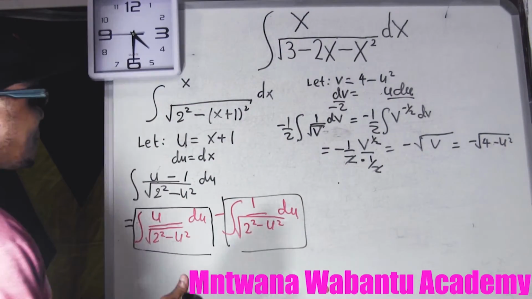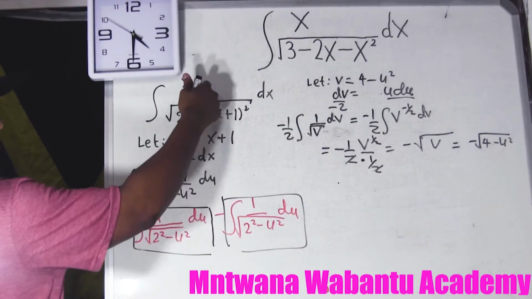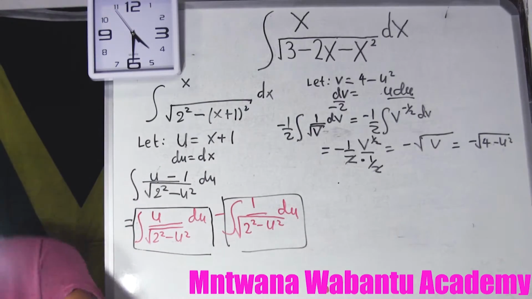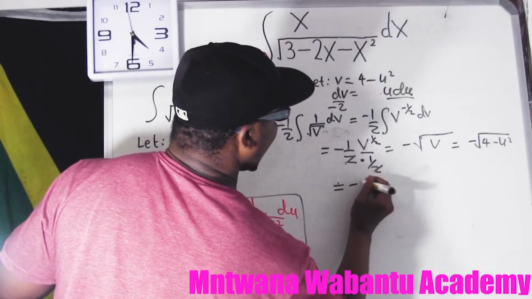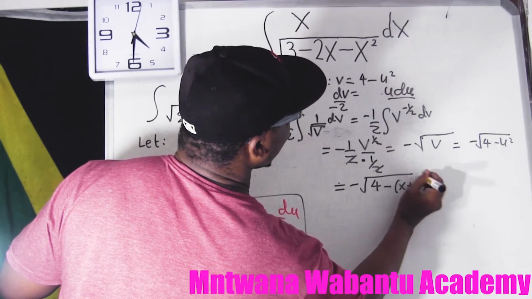You see? But then I need to go back, because in the equation they give it in terms of x. So what is u? u is equal to x plus 1. So this is going to become negative square root of 4 minus x plus 1, and then squared.